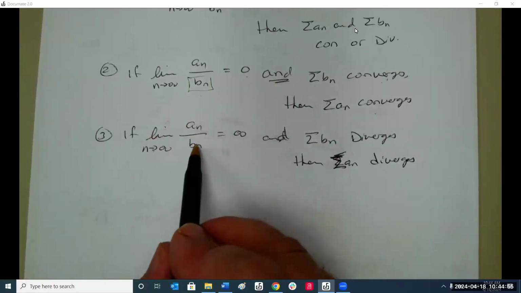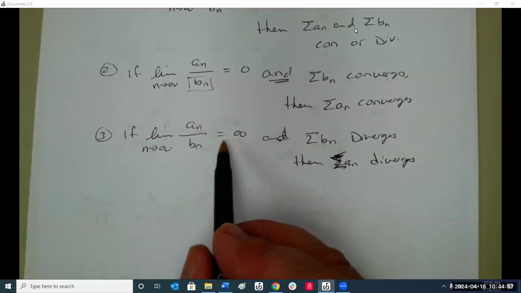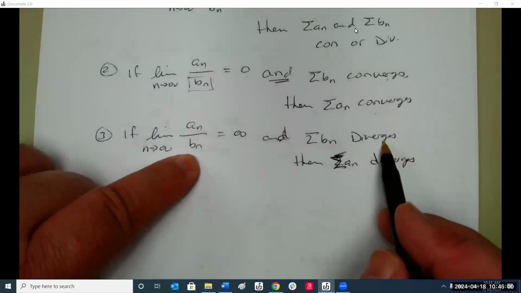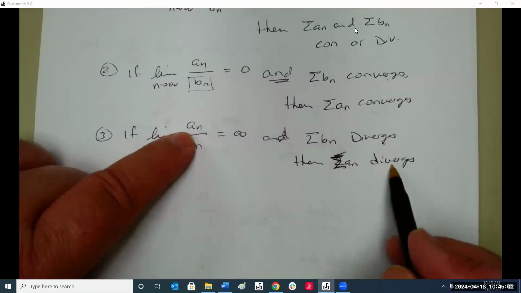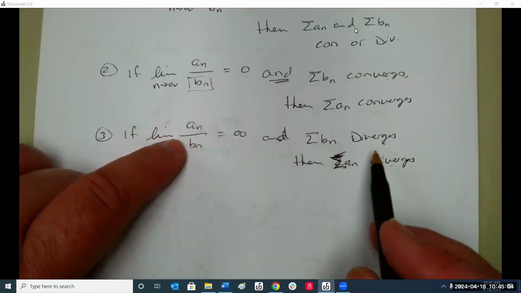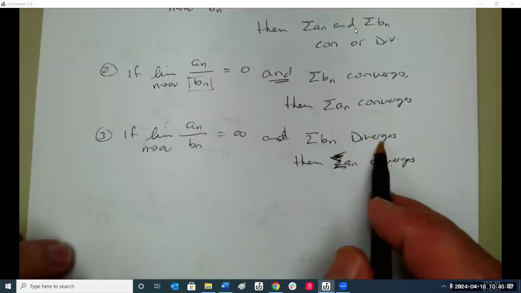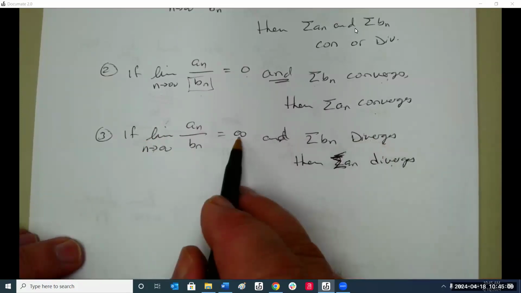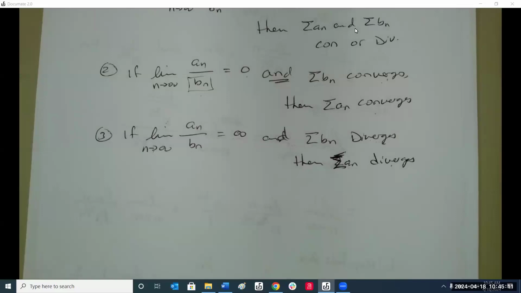If your limit of the ratio goes to infinity and the denominator diverges, then the top diverges. If it goes to infinity, it can't converge. All right, so that does it for that section.